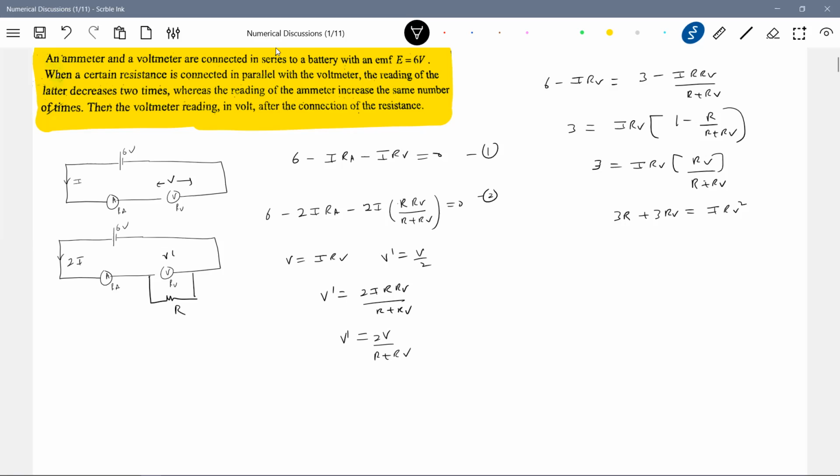V dash, some value I should get. So the value I should get means R and RV should be in terms of... okay, how to. Sir, downwards there you wrote V dash is equal to 2V by R plus RV, no sir. There you forgot one R, sir. Oh, here R is there, no? I think IRV is equal to V, no sir.